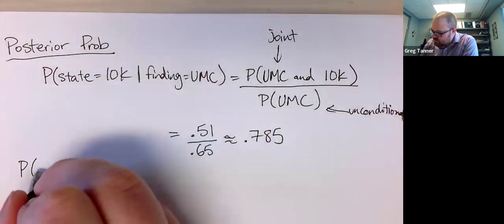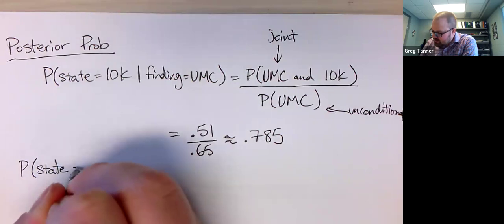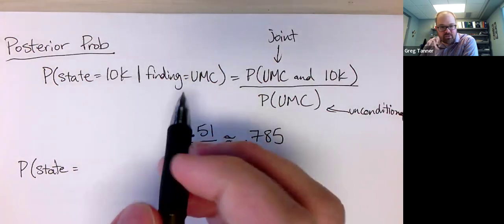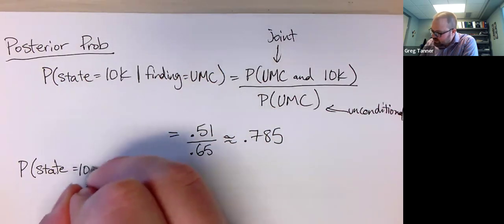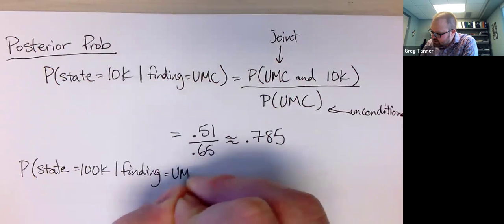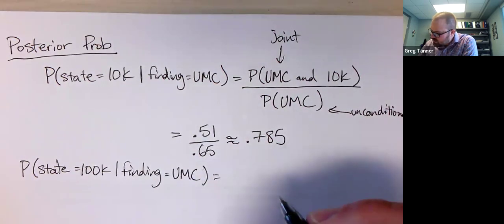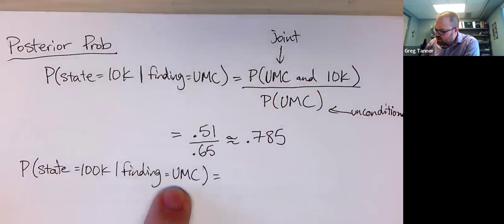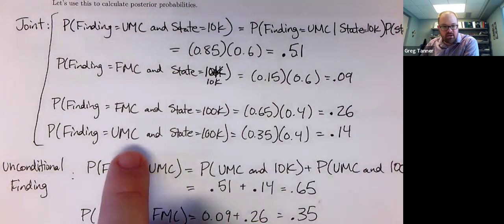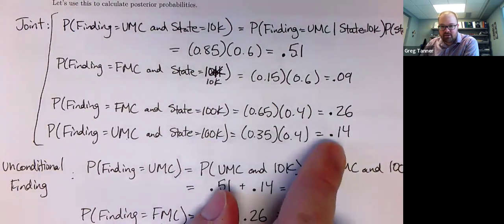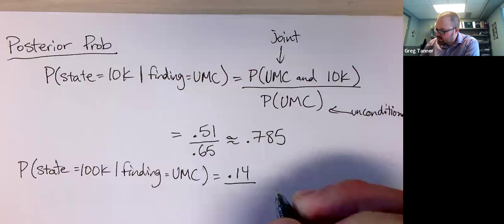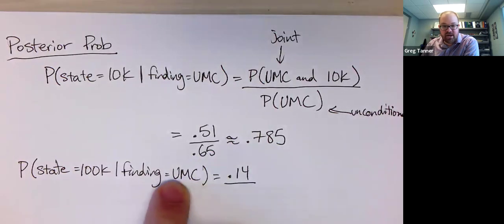So let's do probability state equals, let's keep the finding equals UMC for now. So let's do state equals 100K given finding equals UMC. We're going to take the joint probability of 100K and UMC. Looking here, UMC and 100K, that's the 0.14, divided by the probability of just the finding UMC.